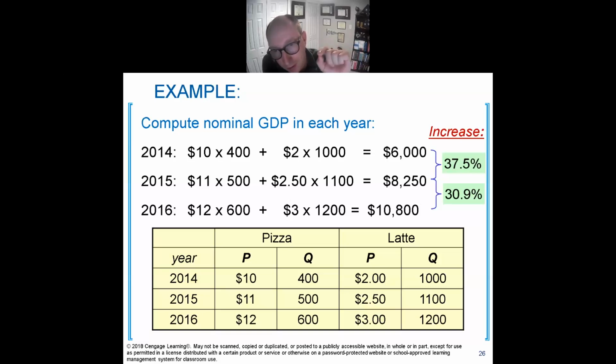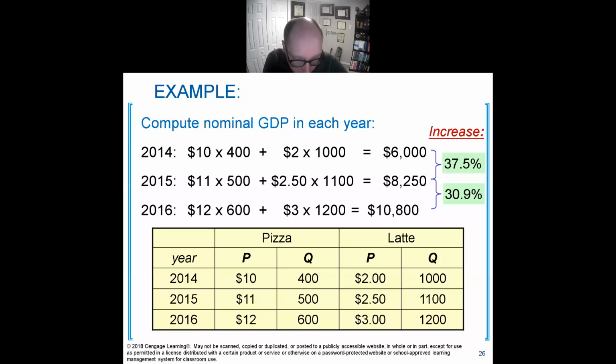So it would be 2015, 8,250, minus 2014, 6,000. So 8,250 minus 6,000. That's the top part. Divided by 6,000. You multiply by 100. Again, it's the new amount, 8,250, minus 6,000, gets you to 2,250.